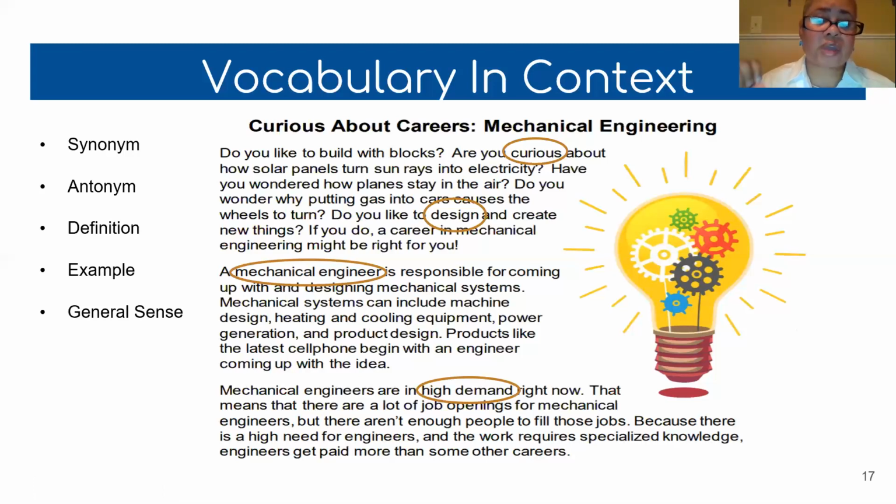You have to pull out vocabulary that may not be identified within your curriculum, and then determine the ways in which you want to explain how the authors use synonym, antonym, definition, or an example, even general sense, in order for the reader to get an understanding of how words are being used in context.